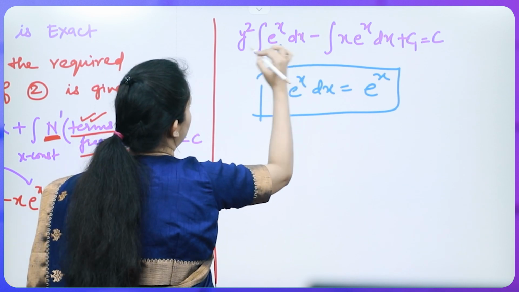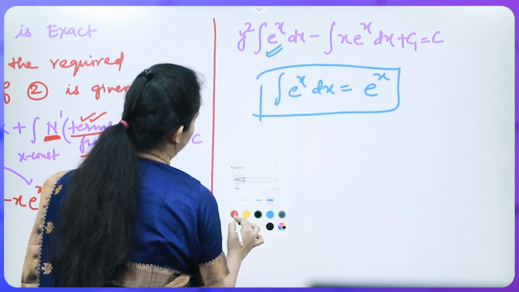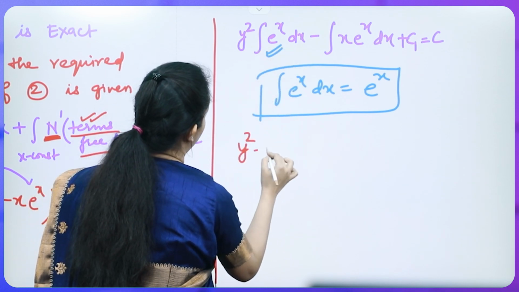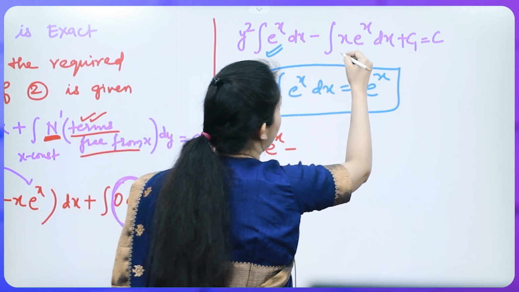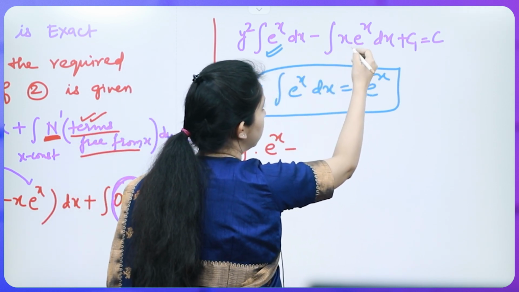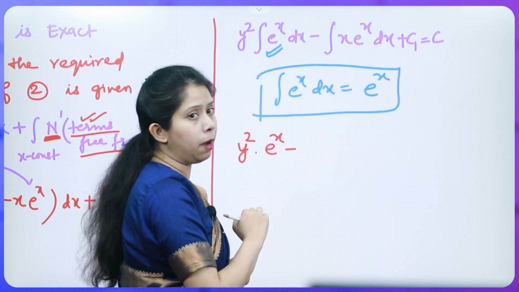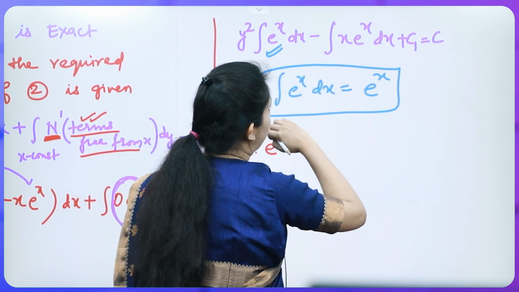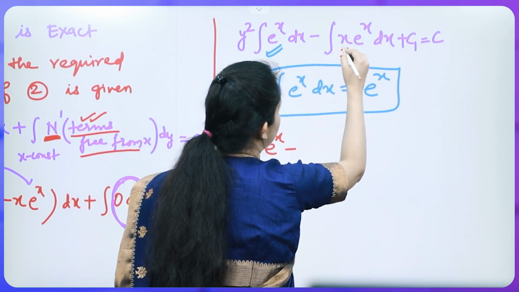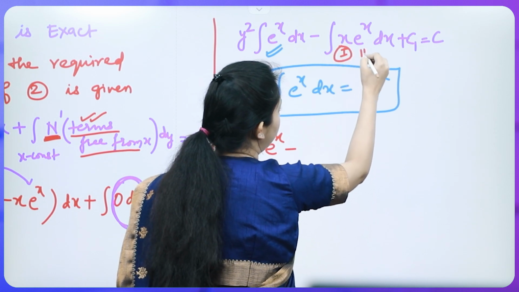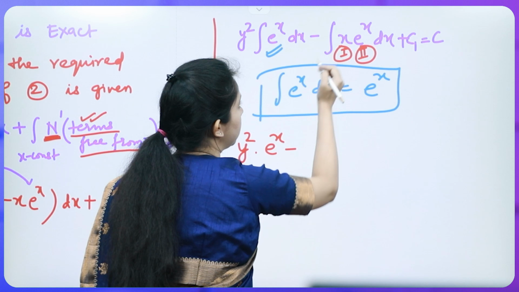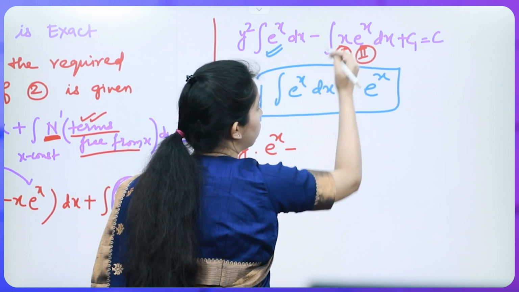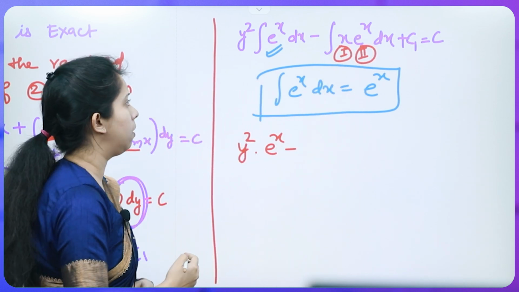So, for the first term we will have y² into e^x, minus, then here we have a product of two functions. So, we will have to use integration by parts. According to the ILATE rule, the algebraic function x is treated as the first function and the exponential function e^x is treated as the second function.